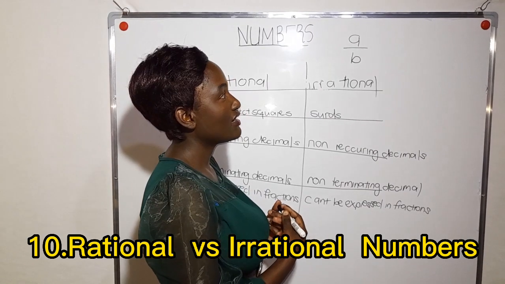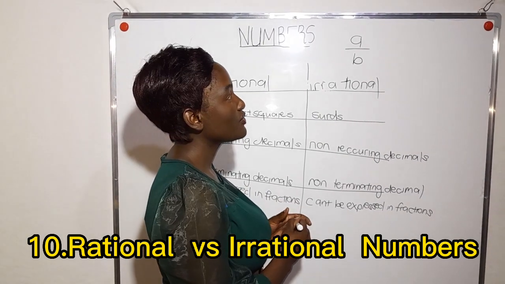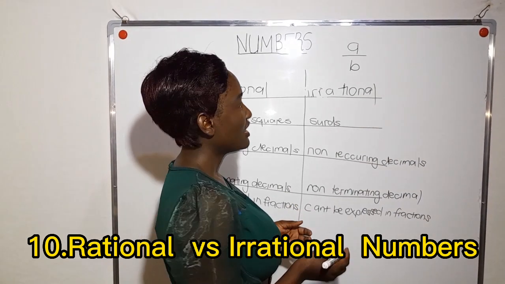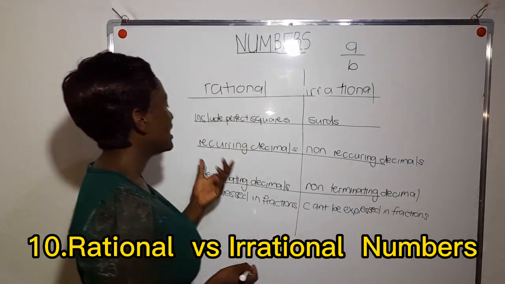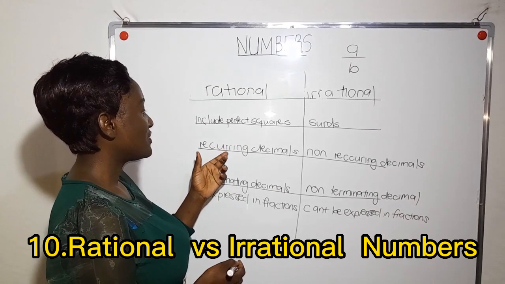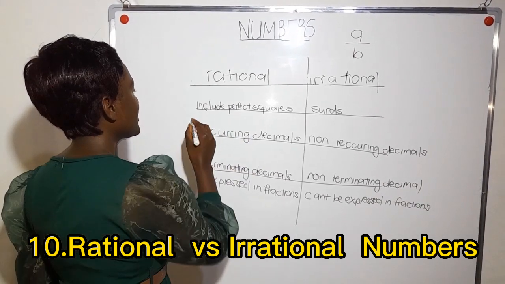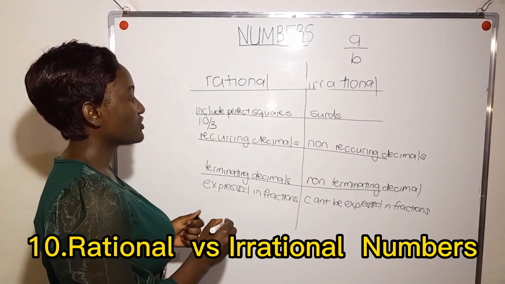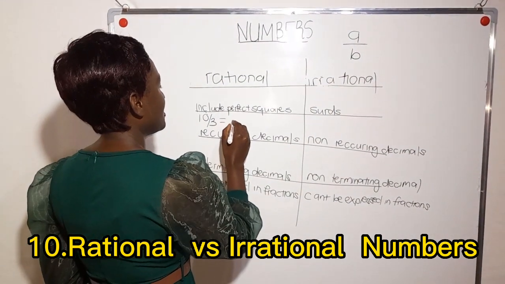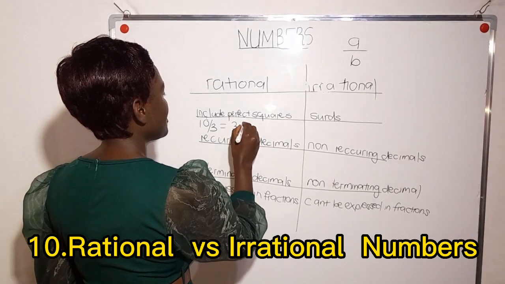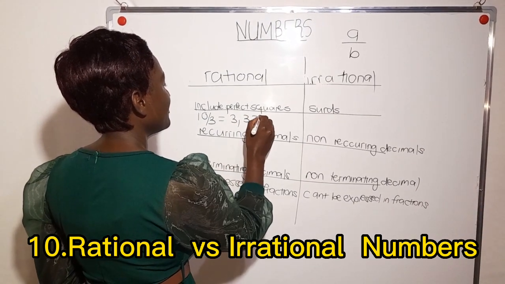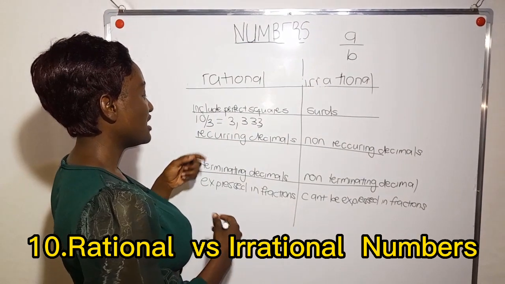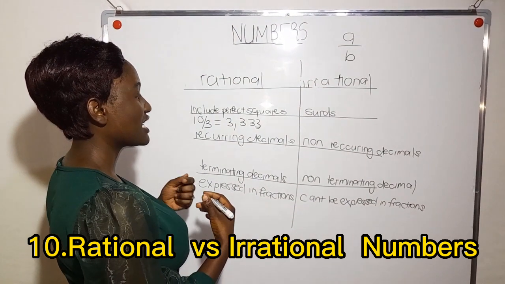Rational numbers include fractions, integers, and also repeating decimals. For example, if we punch 10 over 3, we are going to get 3.333 continuously. That is what we mean when we say a decimal is a recurring decimal.